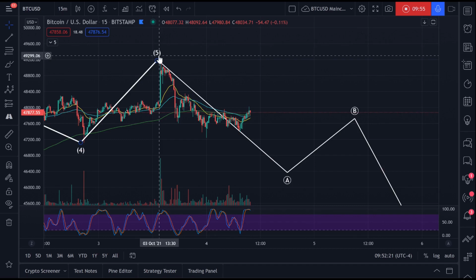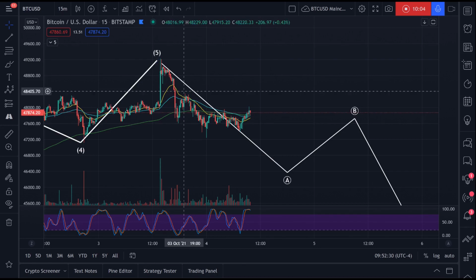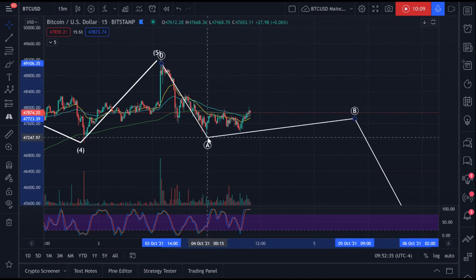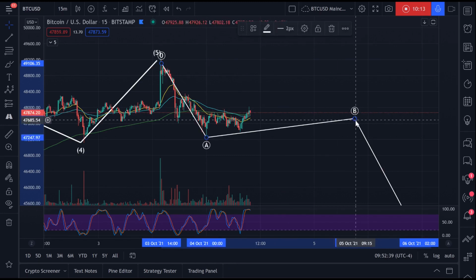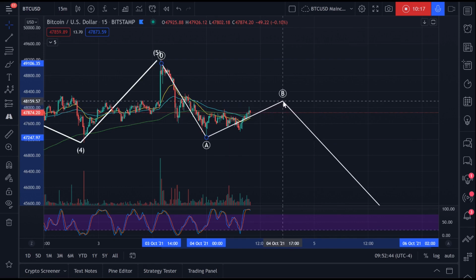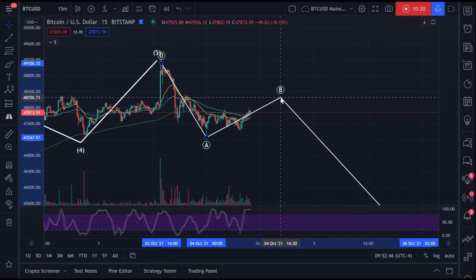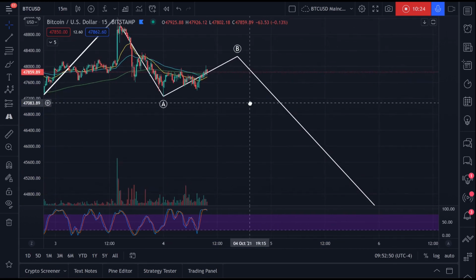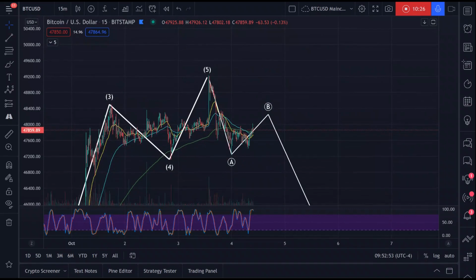All right, so what do we see here? I feel like I see A, B, C. I feel like this is the A wave. I'm not sure. I'm not going to put money on that, but I feel like it's the A wave. I feel like we're in the B wave. I feel like the B wave has not yet completed, but I think we are in the B wave. That's my hunch.